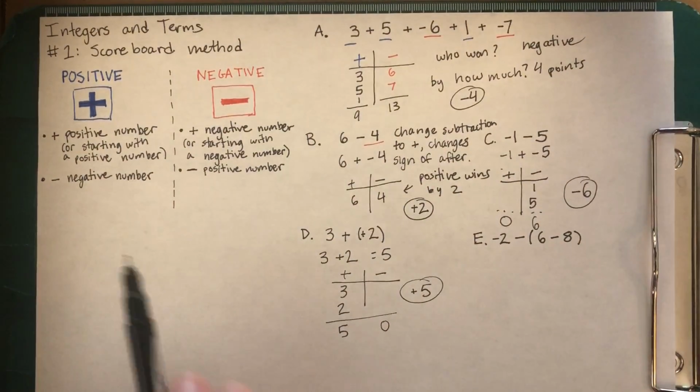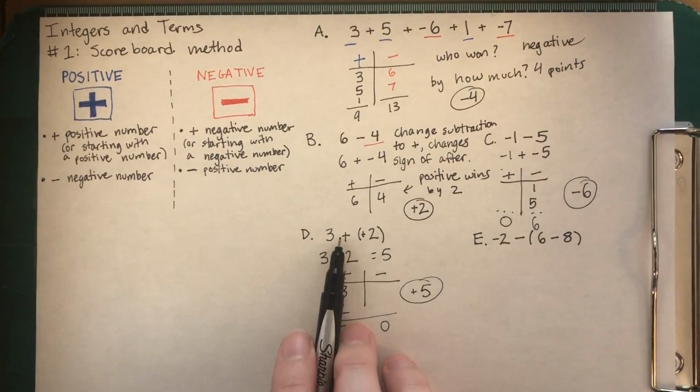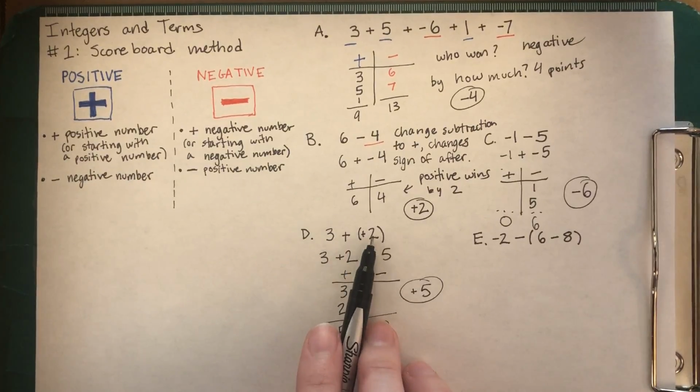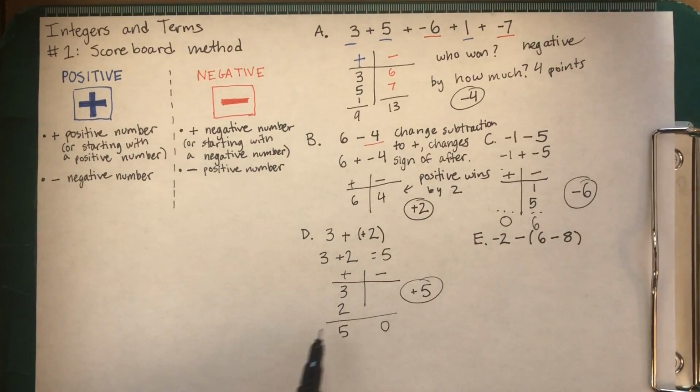So you could rewrite it like this, or you could just know that rule and recognize when you see 3 minus -2 that that's actually going to end up being 2 points for the positive team.